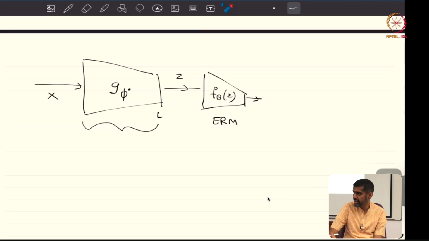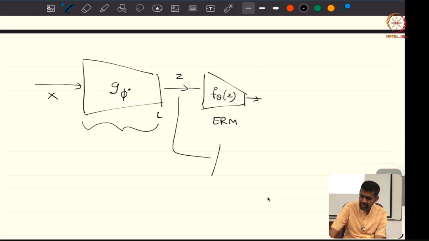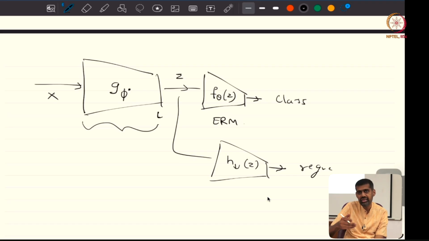Is that okay? In fact, as I said, these can be used as Lego blocks. One can actually do what is called multitask learning, where you use the same set of features to do some classification here and some bounding box regression here, and multiple tasks on the same set of features that are being learned.